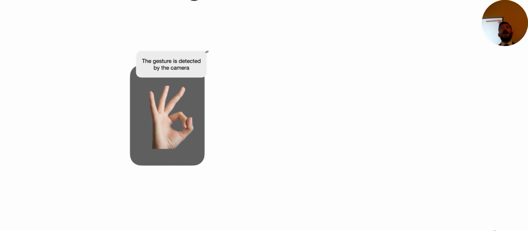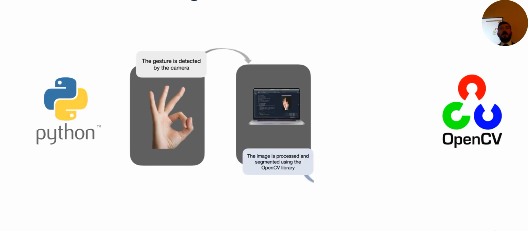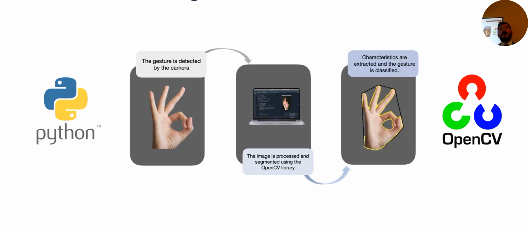The first stage is movement recognition. For movement recognition, we need to select a sensor. In this case, we use cameras, specifically the web cameras of the computers. Thanks to Python and OpenCV, we extract, process and segment the information, so we can later extract certain characteristics of the images and then classify a gesture using Haar cascades and several other filters.